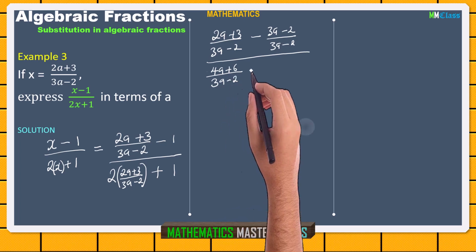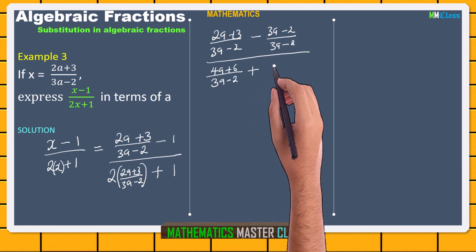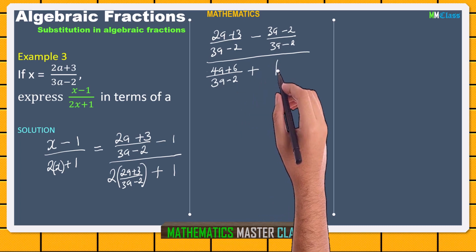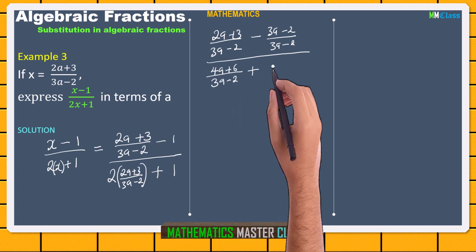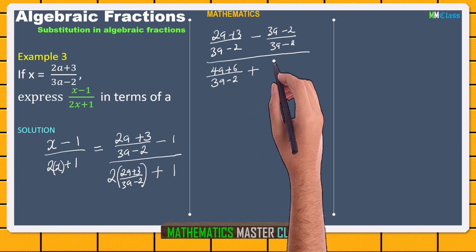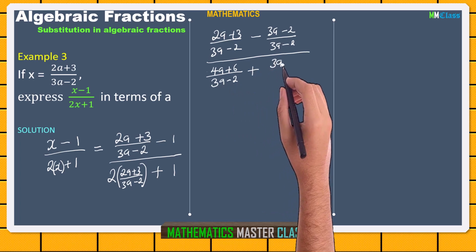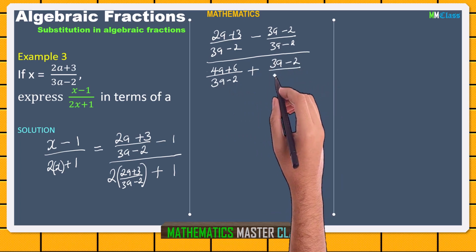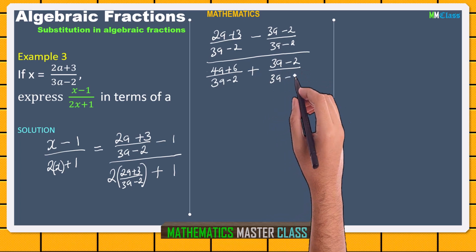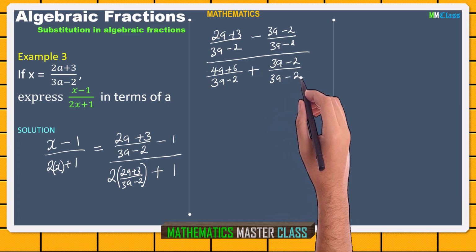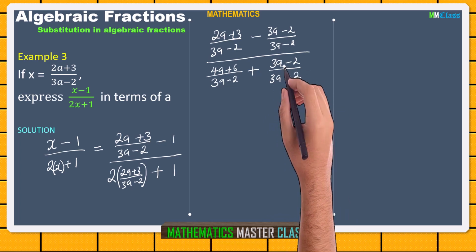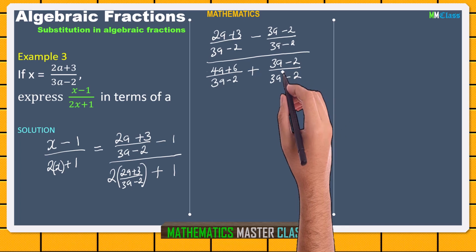Then plus 1. So let's even write the denominator: since we have 1 there, it will also be good for us to write 3a minus 2 all over 3a minus 2. So we have also formed another like fractions here.